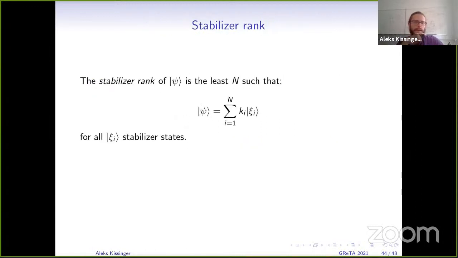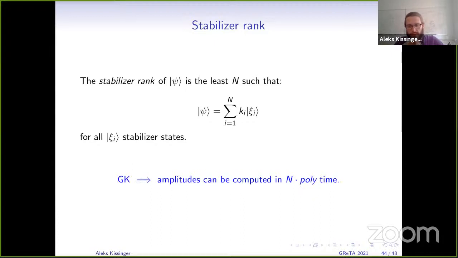They rely on this thing called stabilizer rank, which I don't really need to go into much detail on. Basically, if I have a quantum circuit, this is actually a state, I can decompose it as a sum of easier states, which are called stabilizer states. And if this sum is not too big, then this is not too hard. It doesn't take too long.